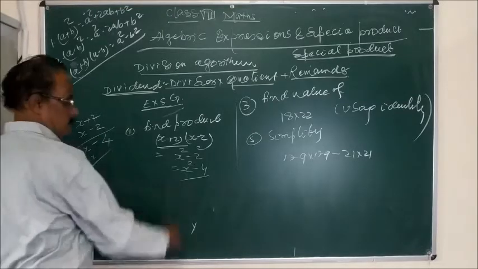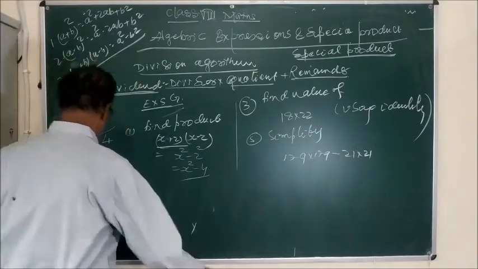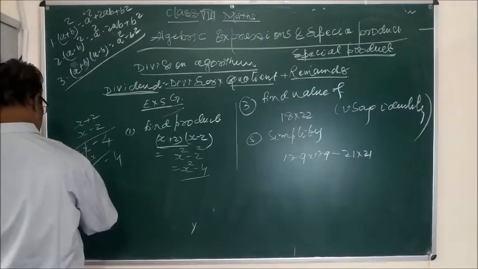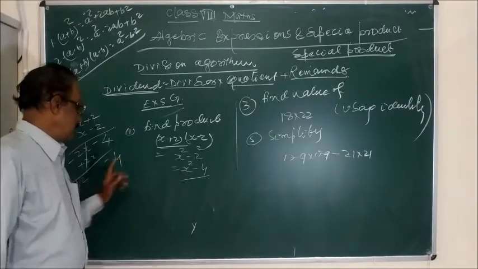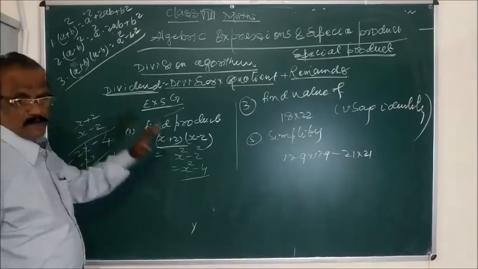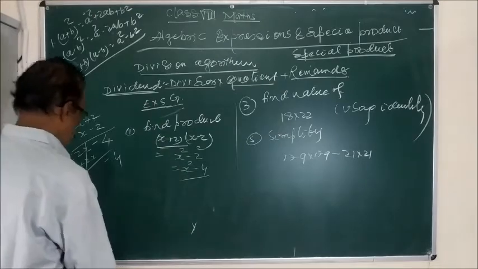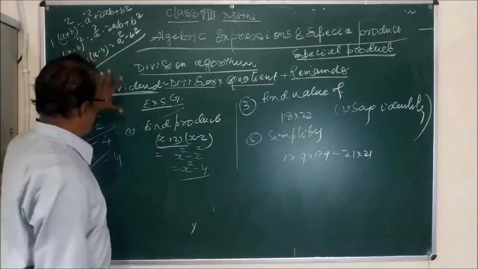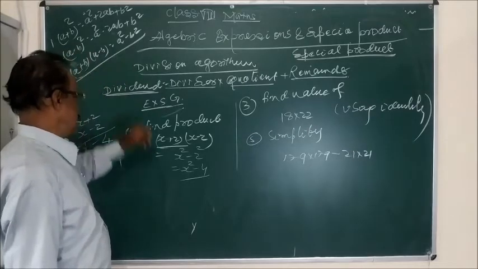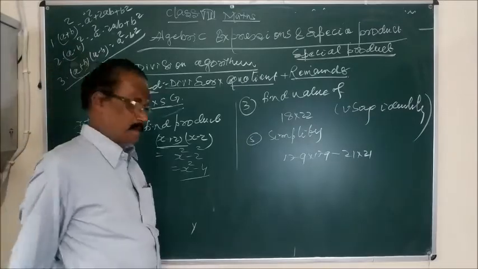Here we are using the law of exponents. So this is minus 4, plus minus cancel, this will be x square. Now you can compare the result itself. So this is the column method, this is by the algebraic method. So if the questions are in this form, then you can find the product by using this identity.